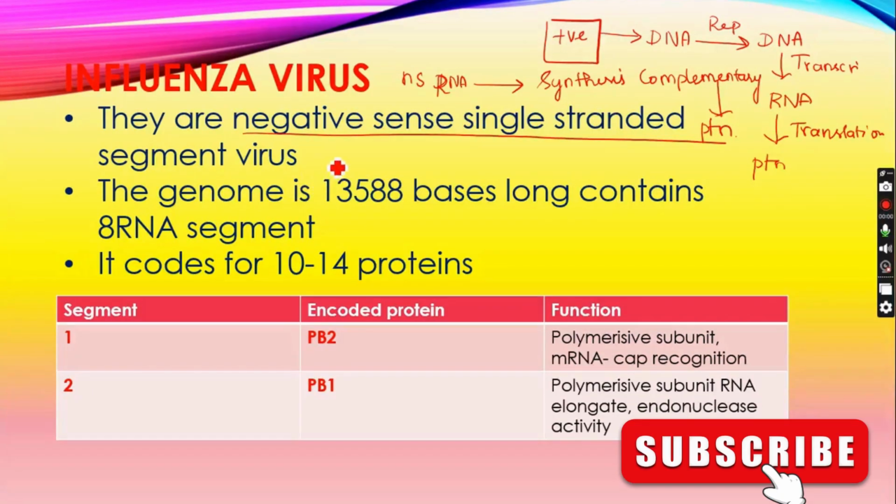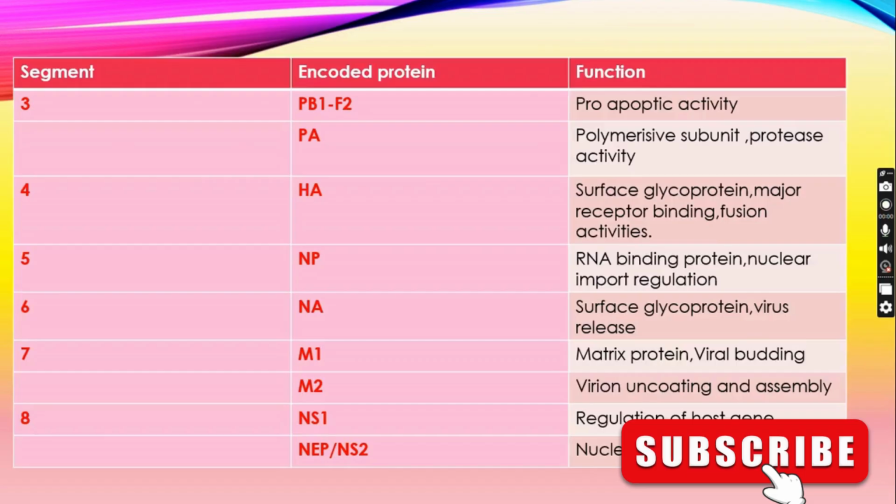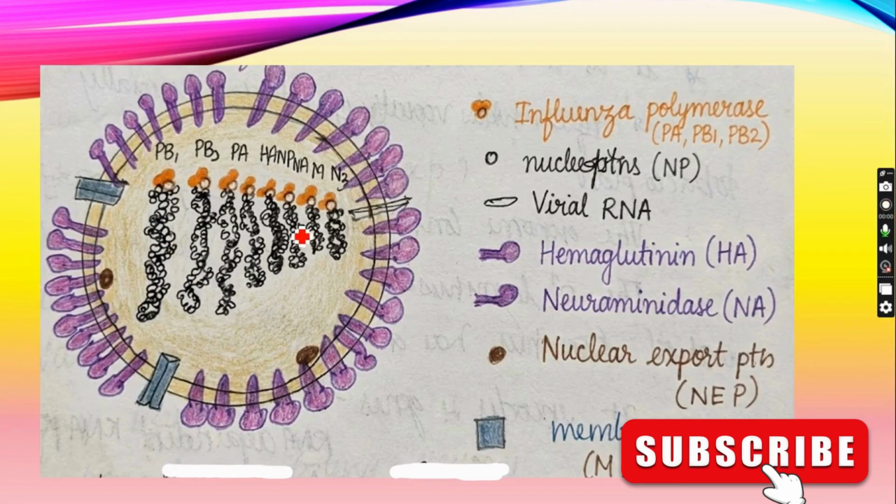An influenza virus genome is going to consist of 13,588 base pairs. It's going to code for 10 to 14 proteins. For each protein, we are going to see its encoding gene and its function. In general, this is the influenza virus structure.